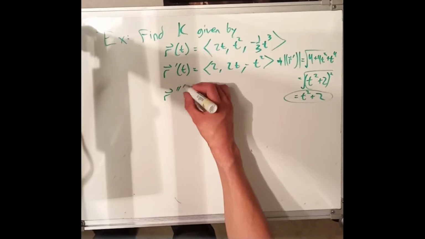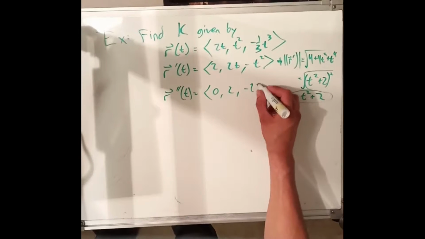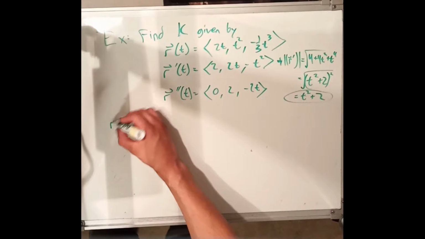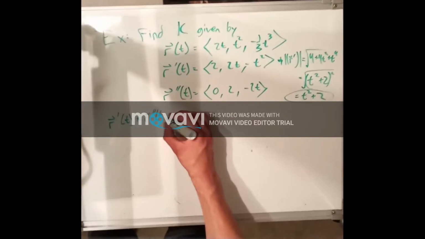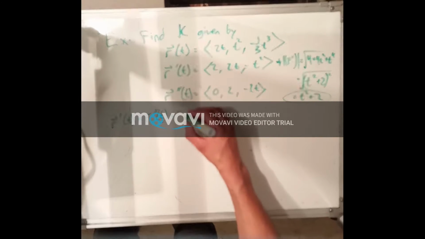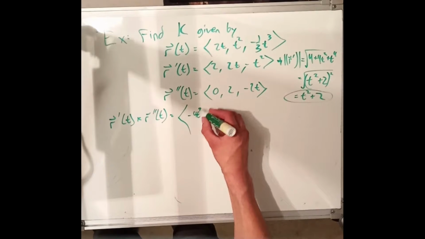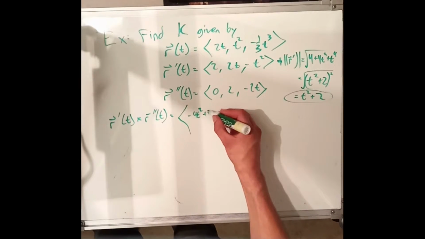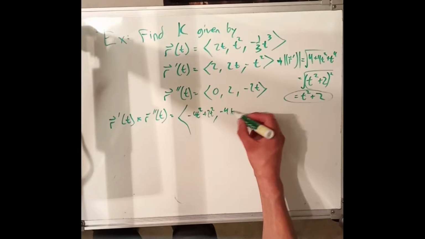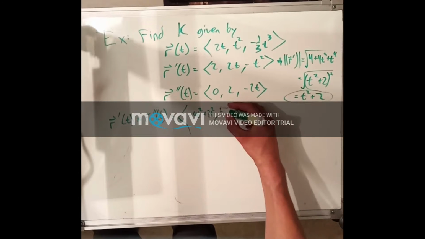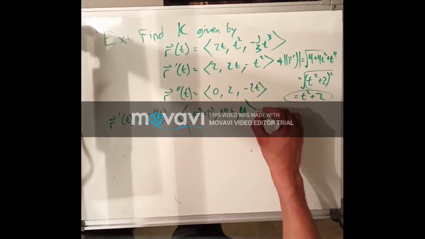R double prime of t is equal to this. R prime of t cross R double prime of t is equal to negative 4t squared plus 2t squared, negative 4t plus 0 times negative, so we make that a positive, and then 4 minus 0.